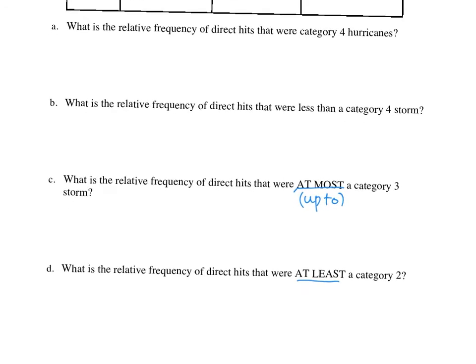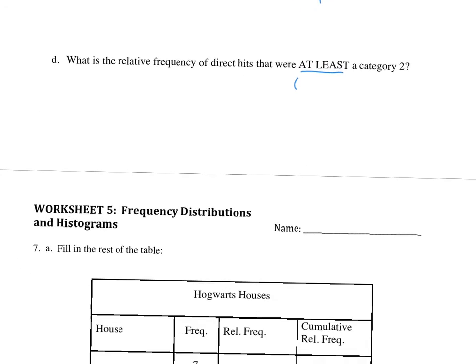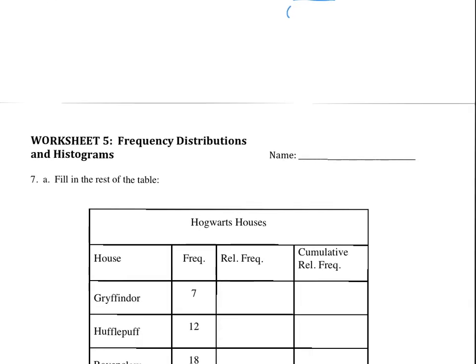And at least means, you have to be at least 21 to buy alcohol, so 21 or higher. So at least category 2 means category 2 or higher. I'm going to have you work on number 6, and I think we can work on number 7 as well.